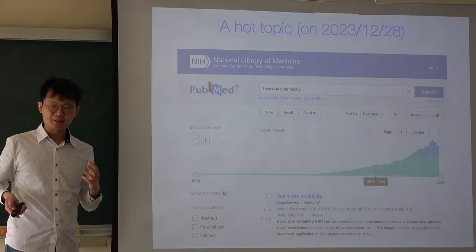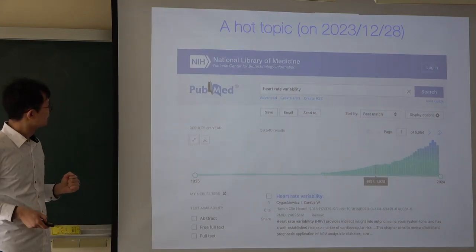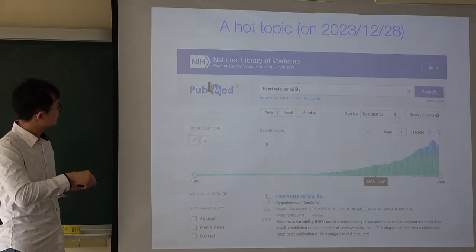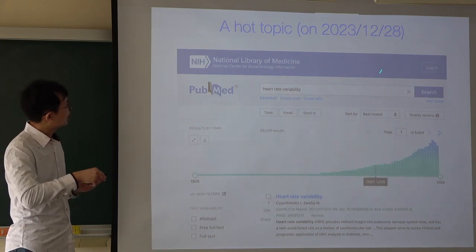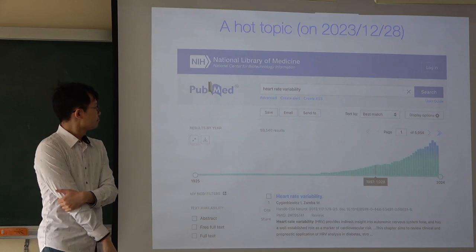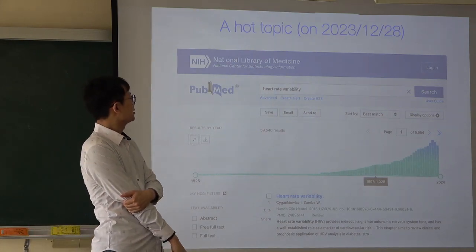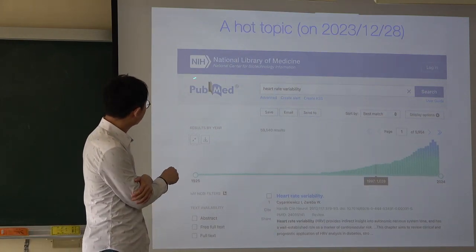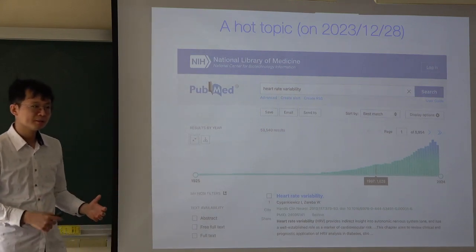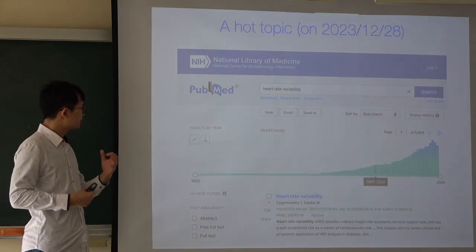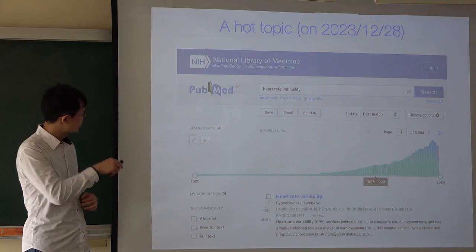It is a very hard topic to quantify heart rate variability. This is the snapshot I took on December 28th, 2023 from PubMed, which is the main database for medical research hosted by NIH.